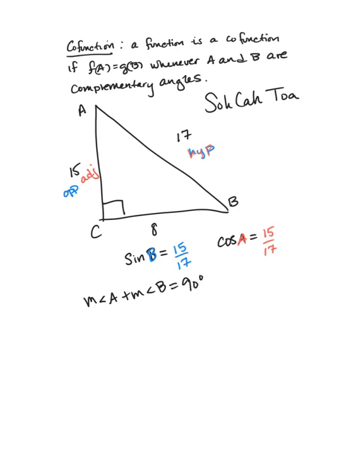And so the sine of B is the cosine of A. The same would happen with the cosine of B; that would be the same as the sine of A. You could go prove that one on your own.